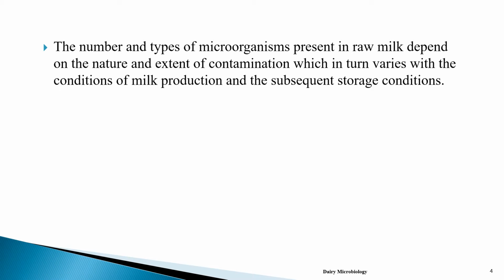The number and types of microorganisms present in raw milk will depend on the nature and extent of contamination of milk, which varies with the conditions of milk production and subsequent storage of that milk.